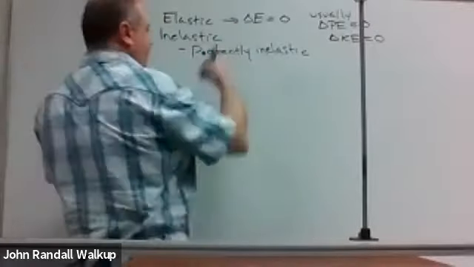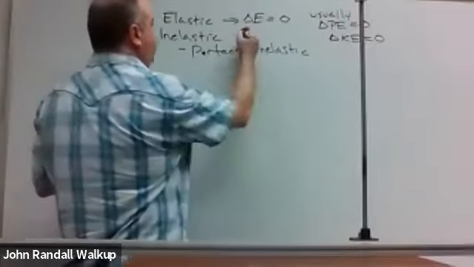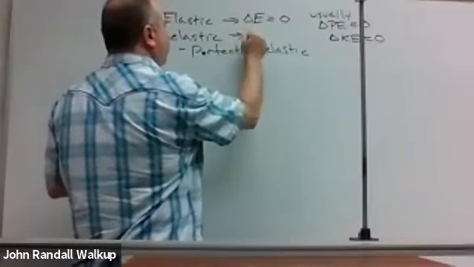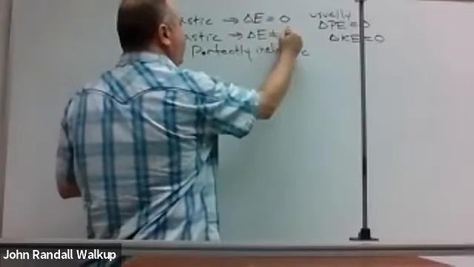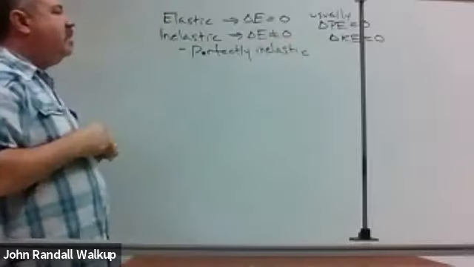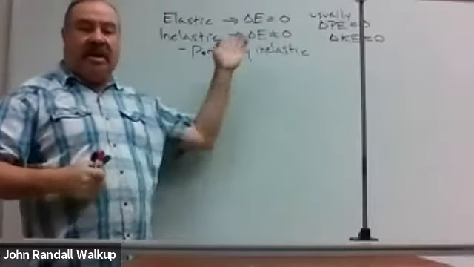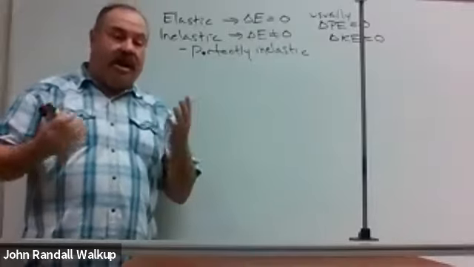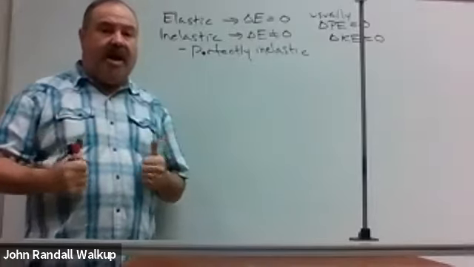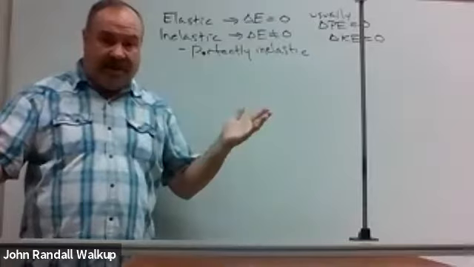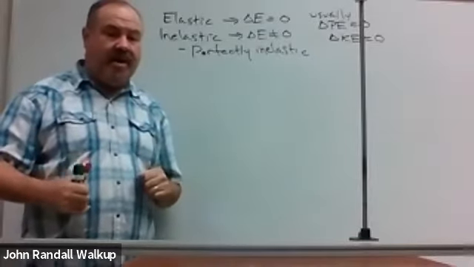Inelastic is the opposite. In this case, delta E does not equal 0, and therefore you do lose energy in the collision. You lose energy to the surroundings, and I'll explain in a moment what I mean by that.